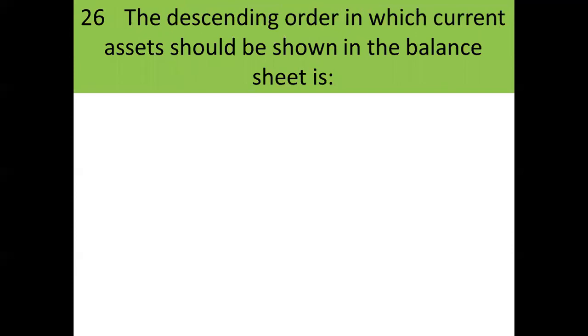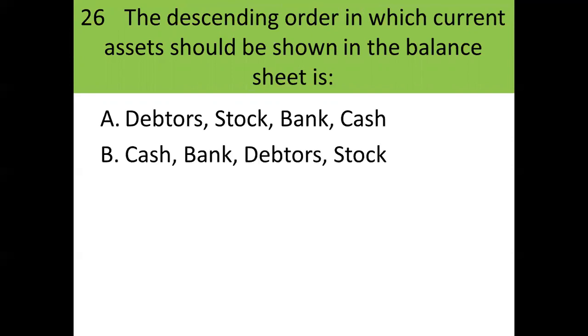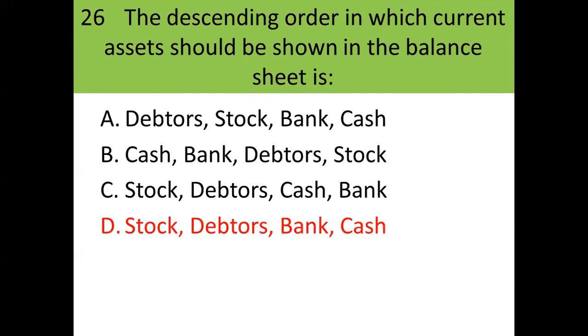Next question. The descending order in which current assets should be shown in the balance sheet. As we know, when we are listing the current assets, you start with stock or inventory, debtors, bank, and end with cash. This is a descending order. When we are asked for ascending order, we start with cash, bank, debtors, and end with stock or inventory.